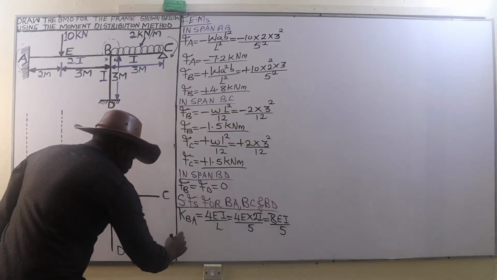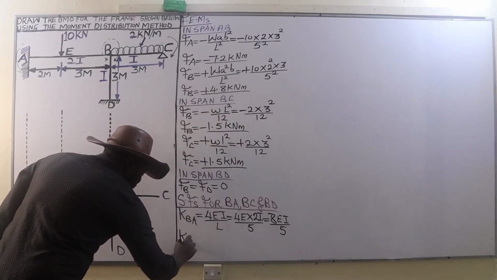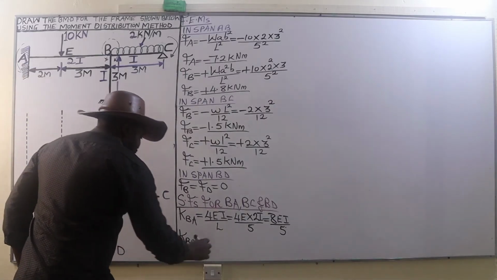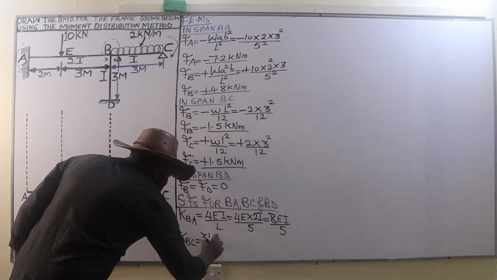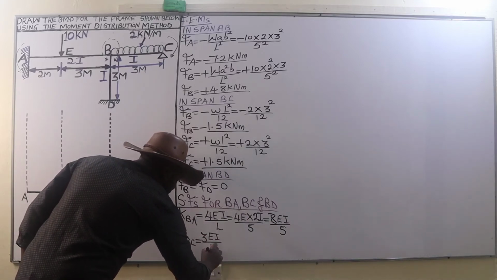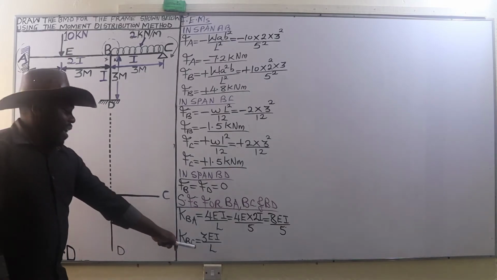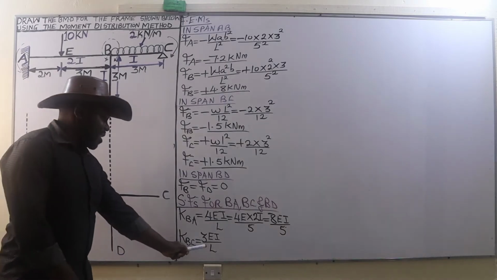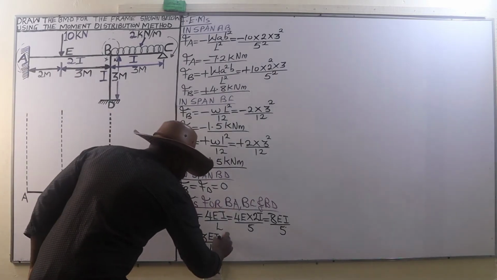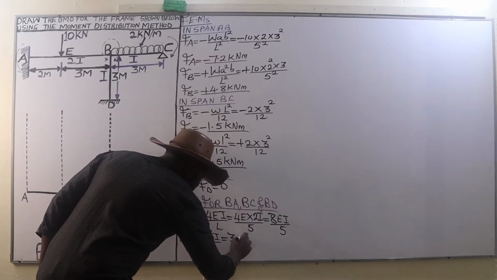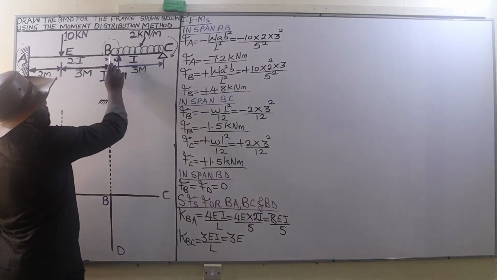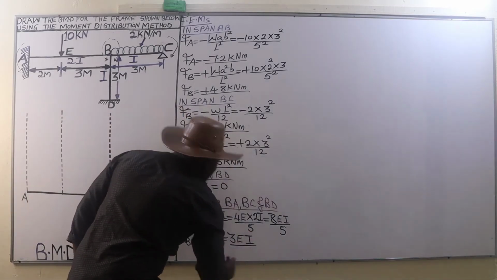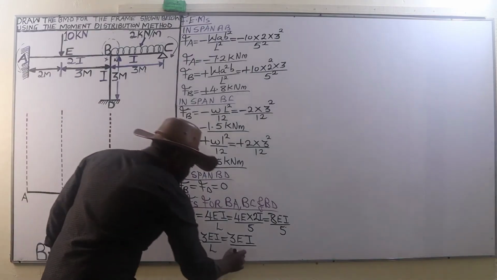Then we go to the stiffness factor for member BC. For member BC, we are going to have 3EI divided by L, since the beam is simply supported at C. So simply supported gives 3EI over L. This will be given by 3E, and the moment of inertia for member BC is just I. Therefore 3EI divided by the span BC, which is 3 meters.